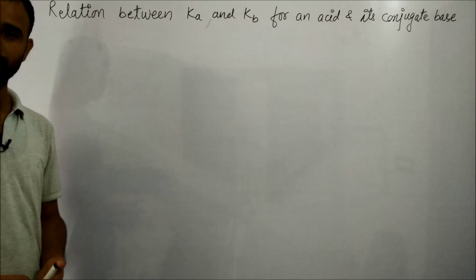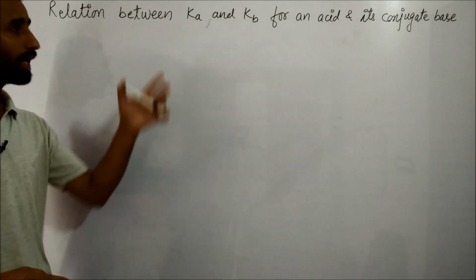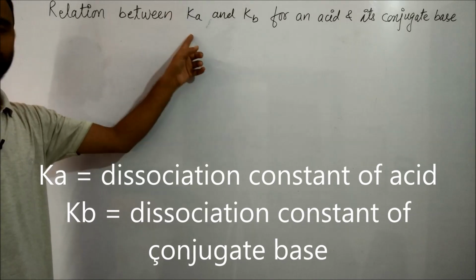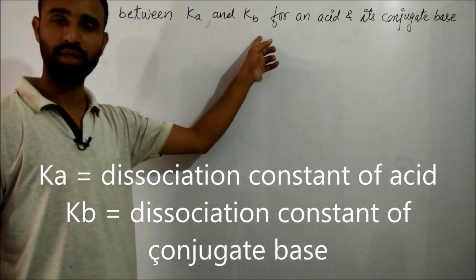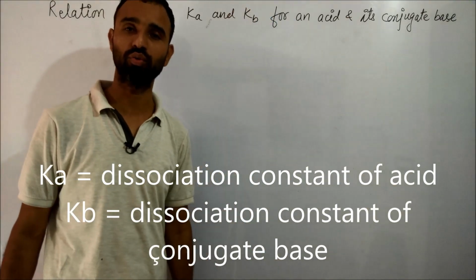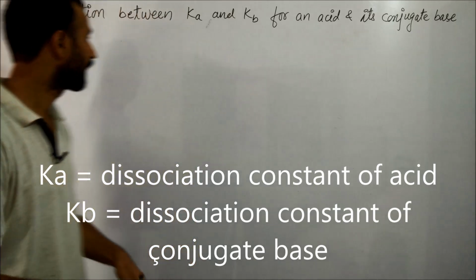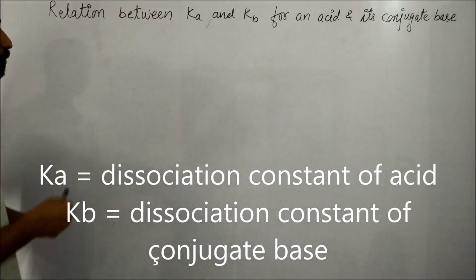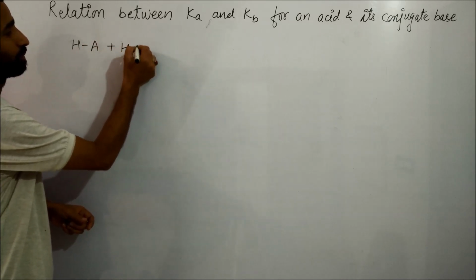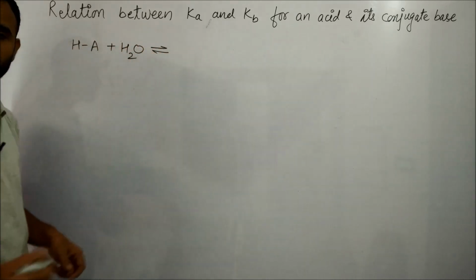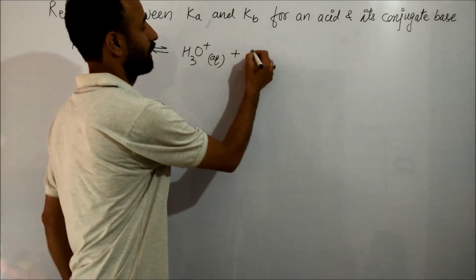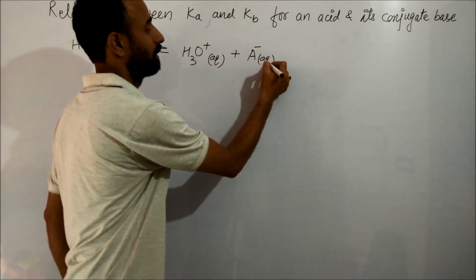Today we will learn the relation between Ka and Kb. What is Ka? Dissociation constant of acid, and Kb, dissociation constant of base for an acid and its conjugate base. Let us consider a weak acid, HA, which ionizes in water to give H3O+ (aq) and A- (aq).